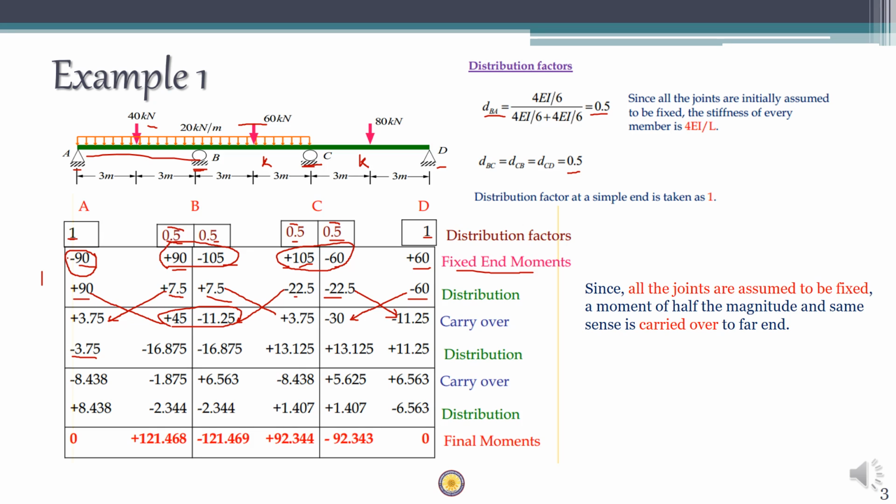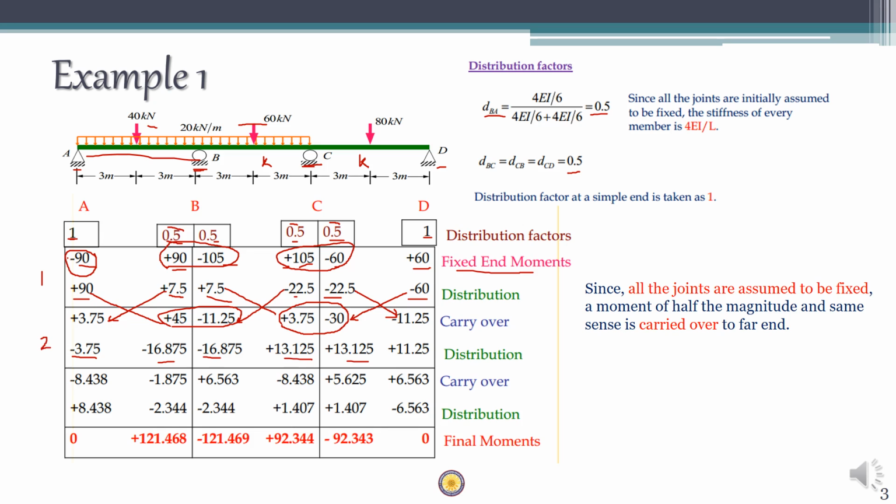So minus 34.75 multiplied by 0.5 comes here, and minus 34.75 multiplied by 0.5 will come here. Similarly you have to do it at other locations also. So you have to sum here. If you sum this, you will get a value of minus 26.25. In order to balance it, we apply positive 26.25 and distribute that, so you get equal values here and here. Okay, so with this line we have completed our second iteration.